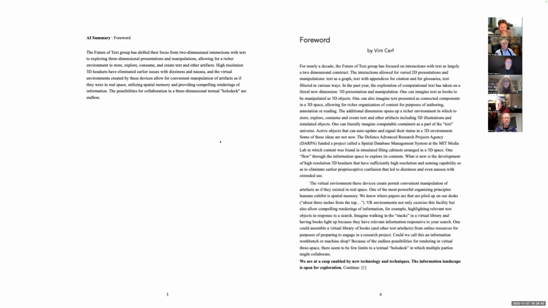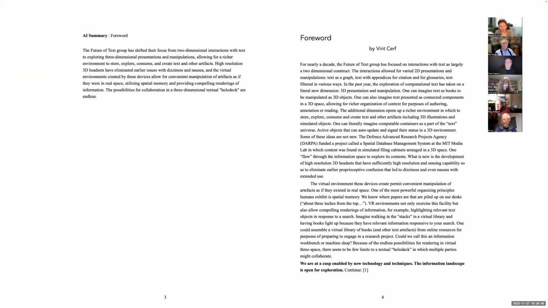Okay, so this just explains it. It is a very mechanical way of doing it, but many of the articles were many, many pages long. So here on the left, we have an AI summary, and on the right, we have the actual first page of that article only.